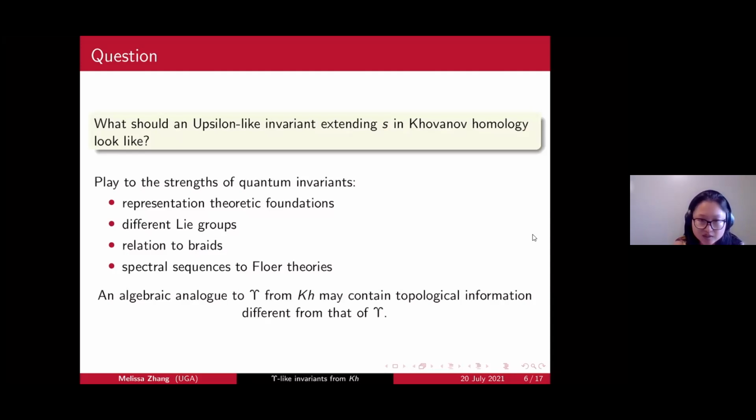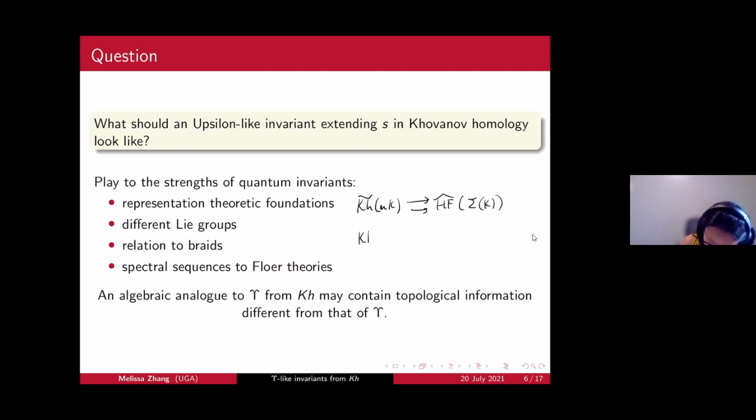There's also the notion that Khovanov homology is kind of bigger than Floer theories. For instance, there is a spectral sequence from reduced Khovanov homology to Heegaard Floer homology of the double branched cover of a knot. Well, on the left it's technically the mirror of a knot, and here it's not.